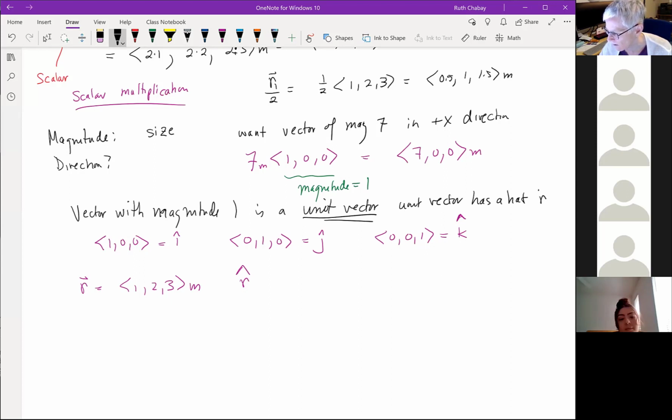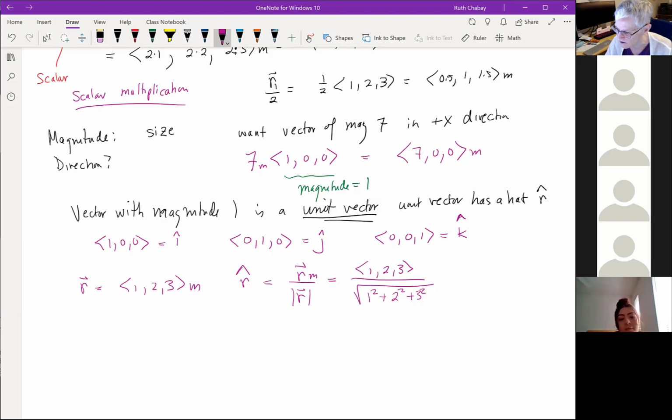We could just divide the vector r by the magnitude of r, and that would give us a unit vector. So we take 1, 2, 3 and divide by the magnitude of this vector, the square root of 1 squared plus 2 squared plus 3 squared.